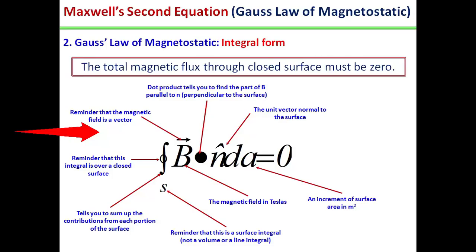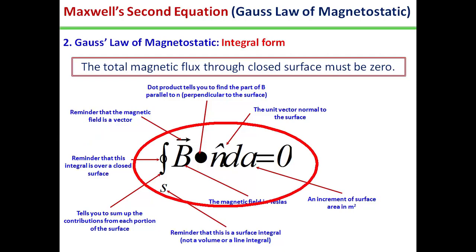Now let us see this equation in a detailed manner. Gauss law for magnetostatics in the integral form is written as the closed surface integral of B dot n cap dA is equal to 0.